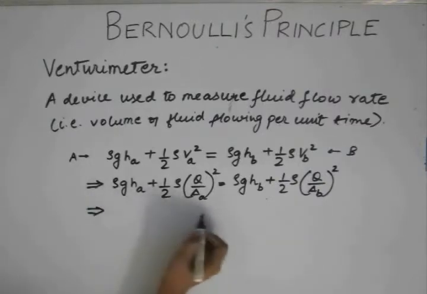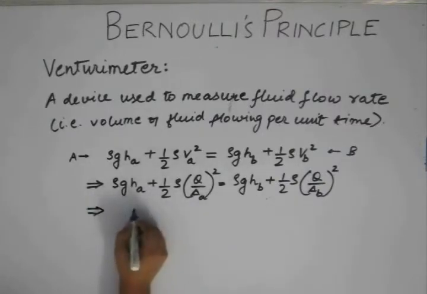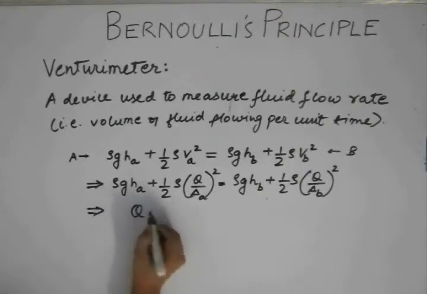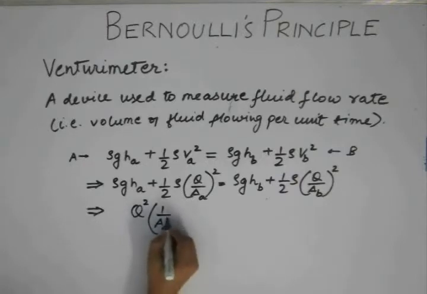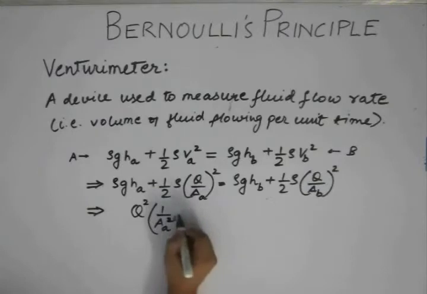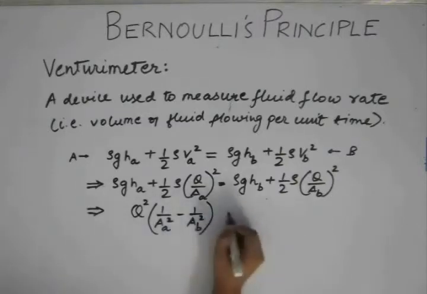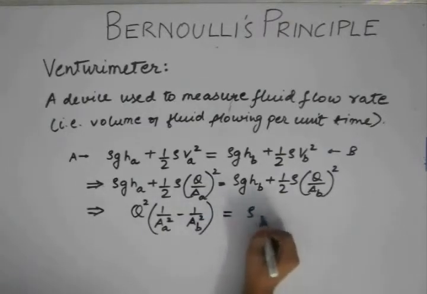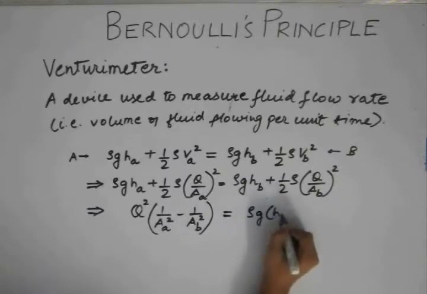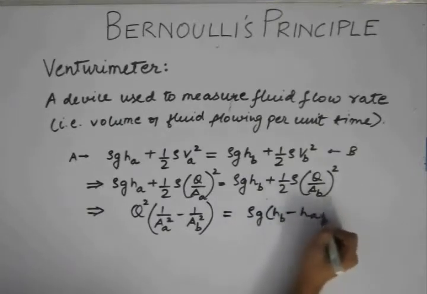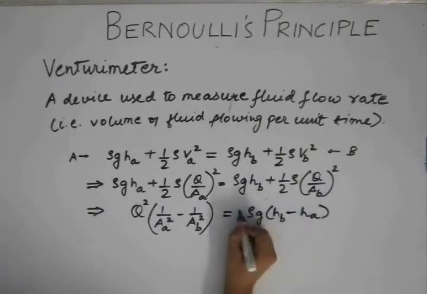From this we can segregate out Q and write Q square into (1 by AA square minus 1 by AB square). This is going to be equal to rho g (hB minus hA) multiplied by 2 and divided by rho.